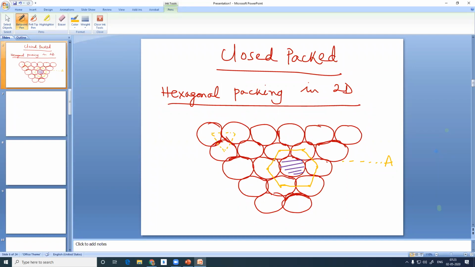Definitely they are not corresponding with the first layer, so we call it a B layer. We will be placing another sphere here.